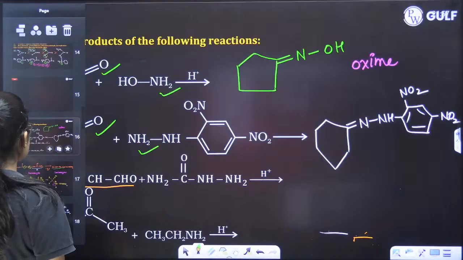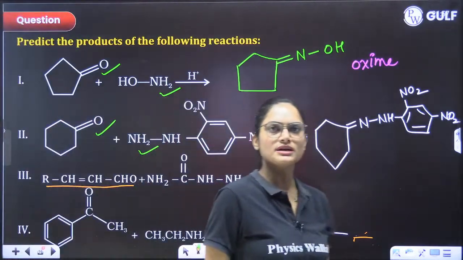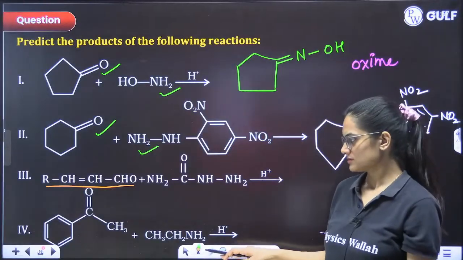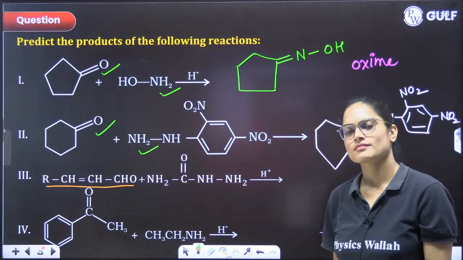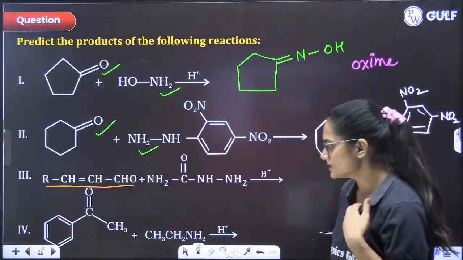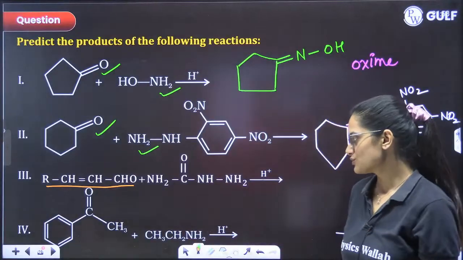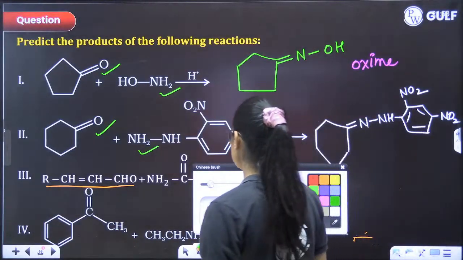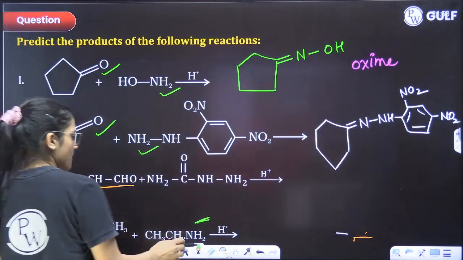Next one, guys. I think the bottom part is visible. The question at the bottom is visible to you. Okay, so what will happen here? This is again an alkyl amine. Alkyl group is there and NH2 is there. So yes, there will be removal of water. H2 from here and oxygen from here.